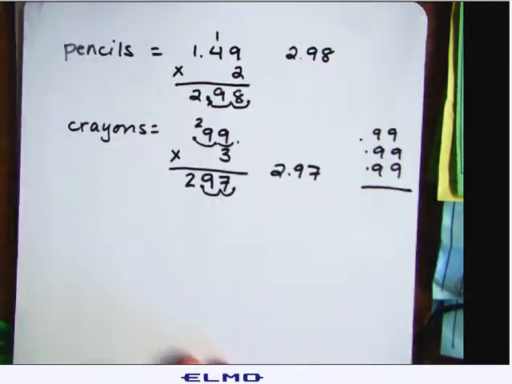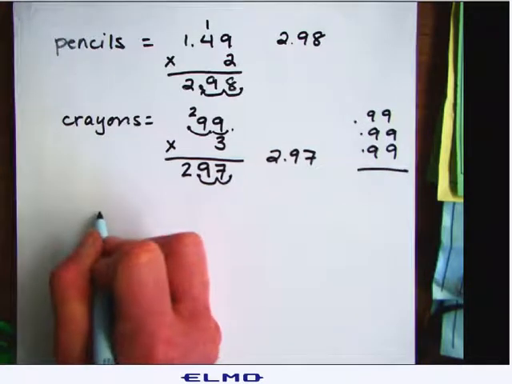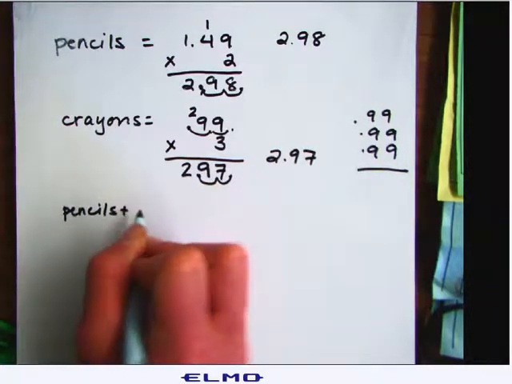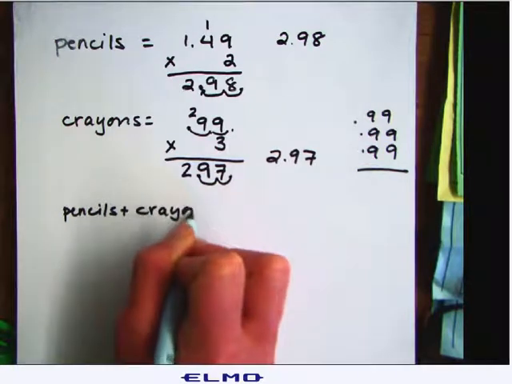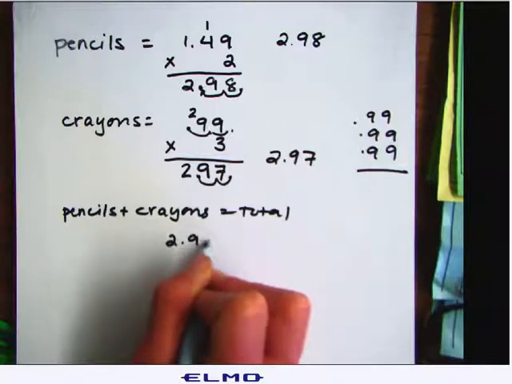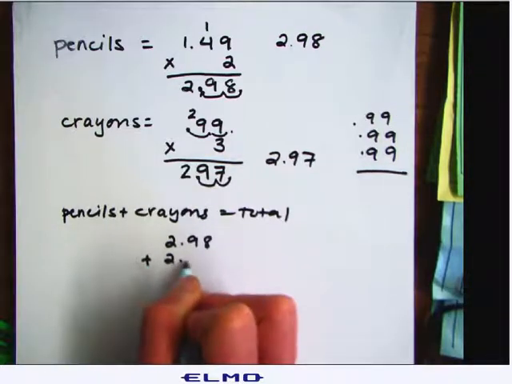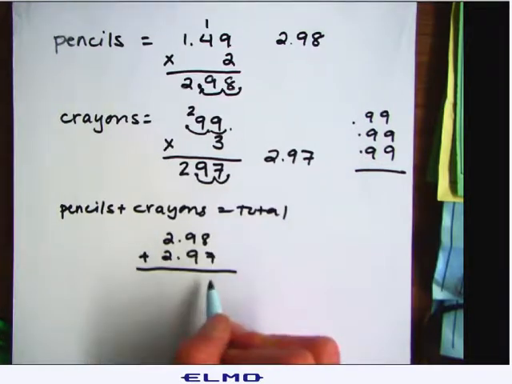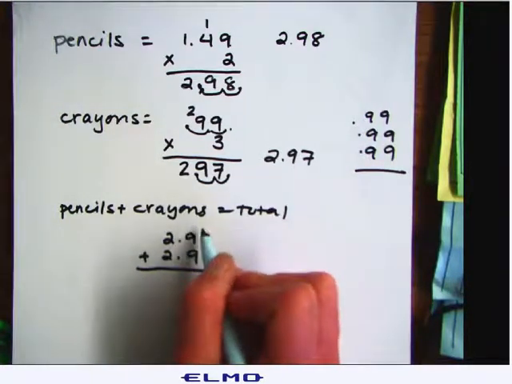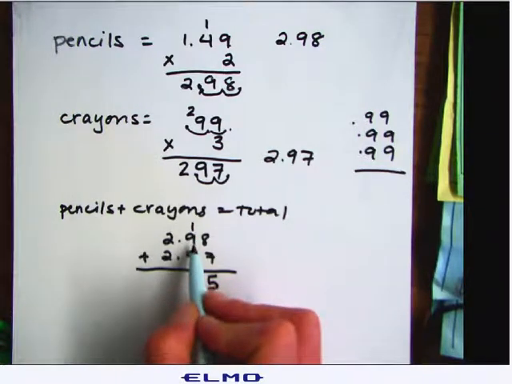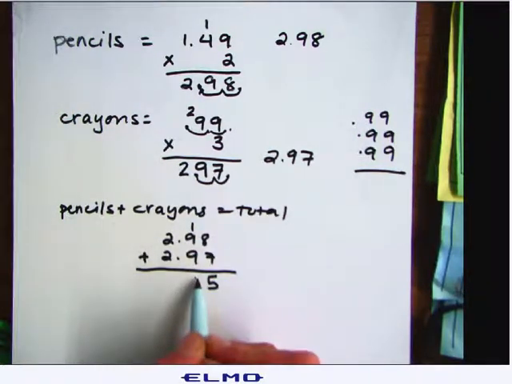So we need to add those together now. So pencils and crayons together. So we'll do $2.98 plus $2.97. 8 plus 7 is 15, sorry. 1 plus 9 is 10. Plus 9 is 19.